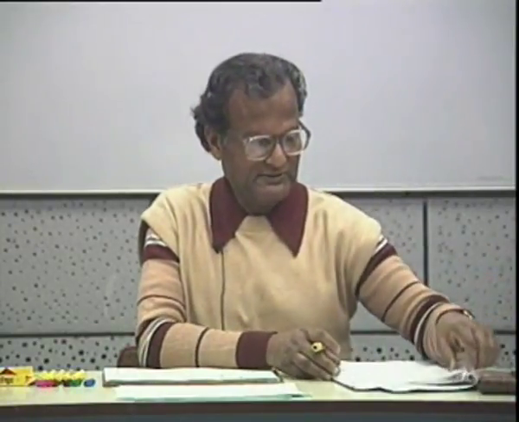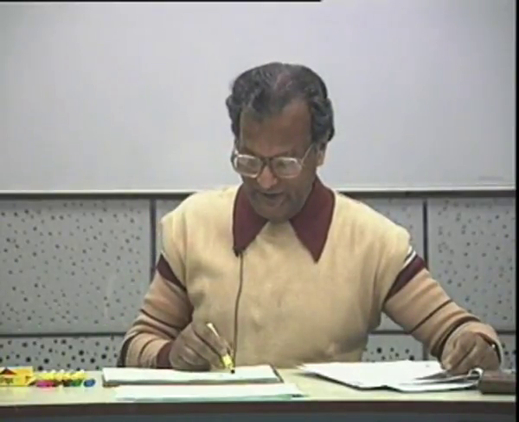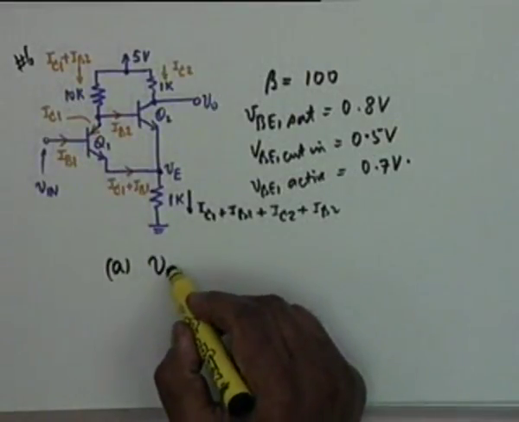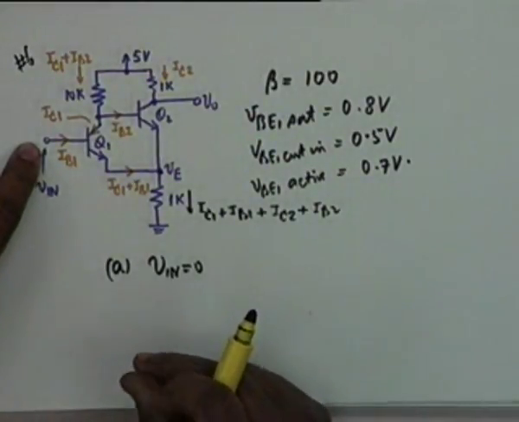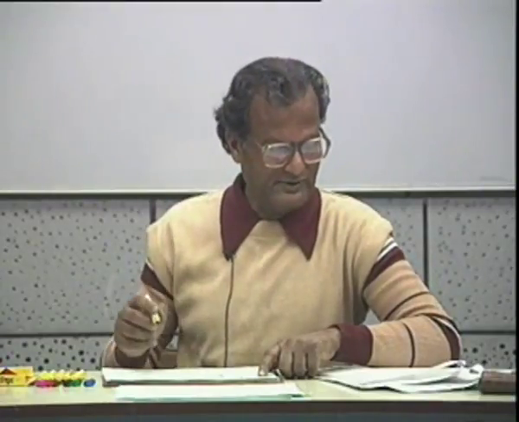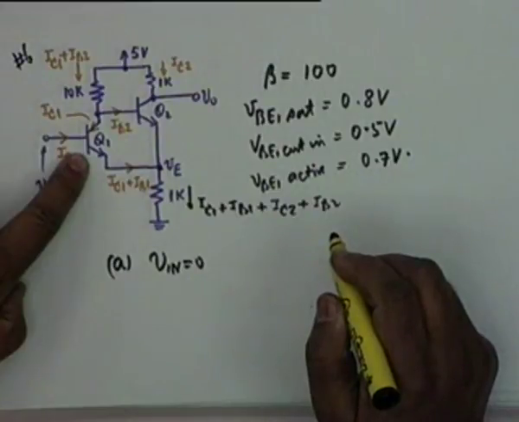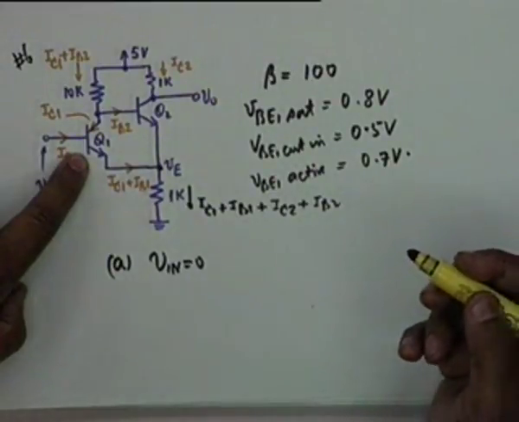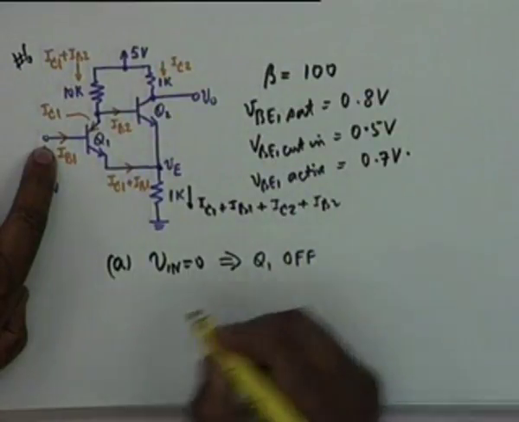Let's look at the question. Question says, first part, if V_in is 0, that is this input is 0. 0 means it is not left floating, it is connected to ground. If V_in is 0, then Q1 obviously shall be cut off. There is no base current. So V_in equal to 0 means Q1 is off.